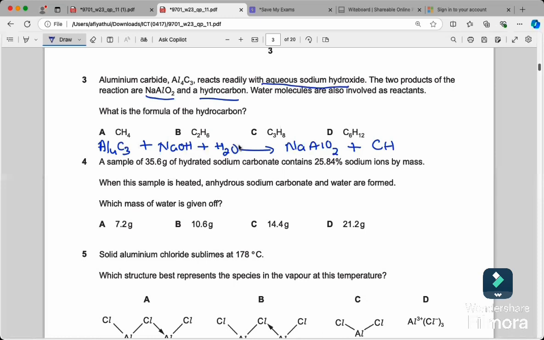Here I have 4 aluminium on the left side, so I need 4 aluminium on the right side as well. So when I multiply by 4 to this, sodium has to be multiplied by 4 also. I have 4 hydrogen here, and when I multiply by 4 the 8 oxygen here, so I need to multiply by 4 here because I already have 4 oxygen on this side.